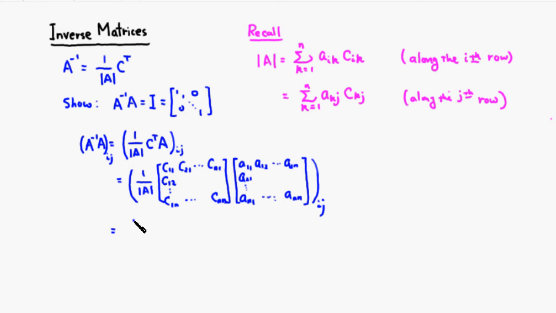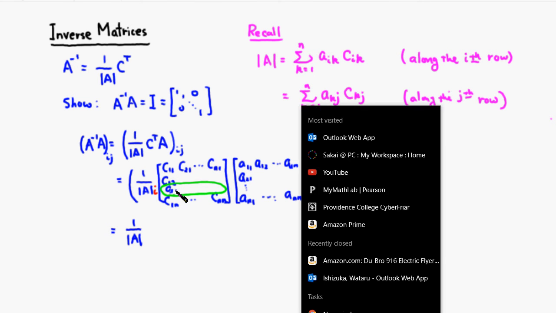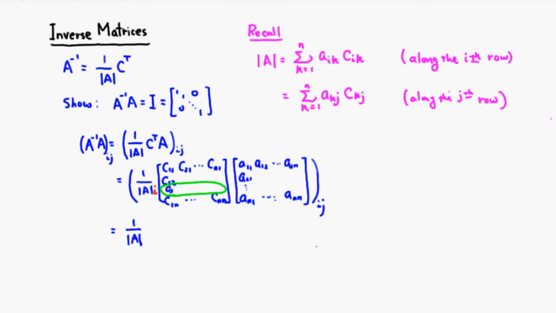So it's going to be 1 over determinant of A. In order to get the ith row, jth column, we can look at the ith row, which is these, starting with C1i, C2i, and so on, CNi.